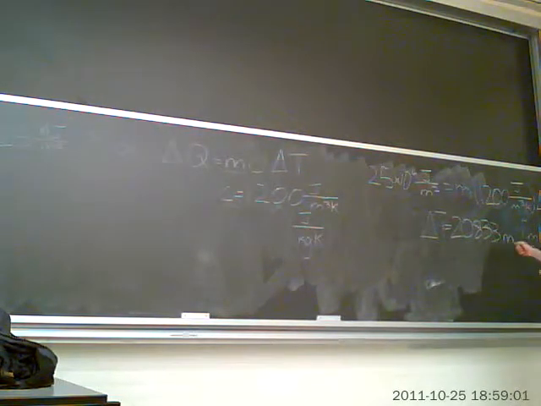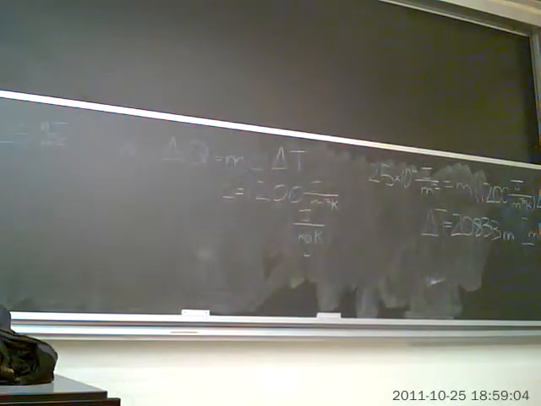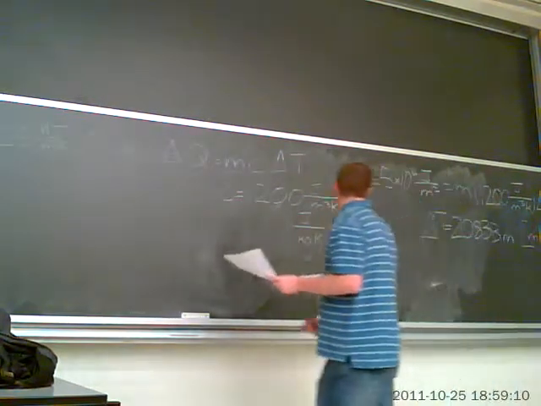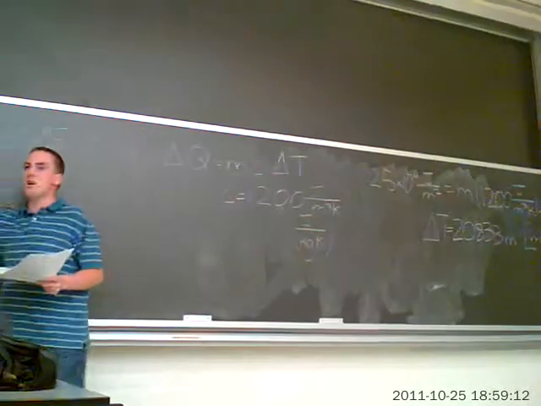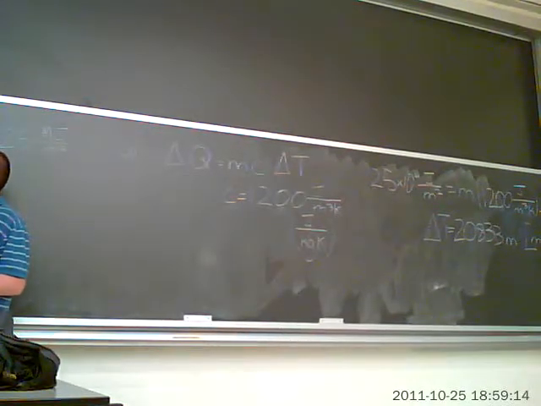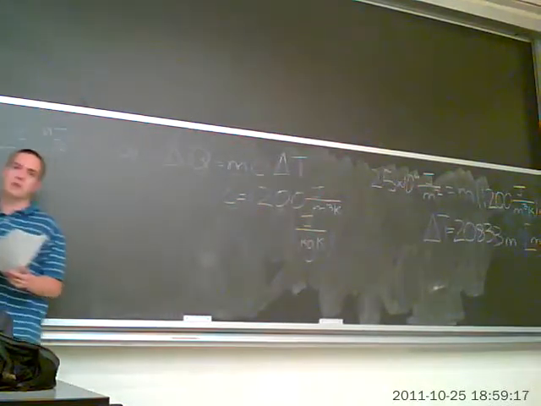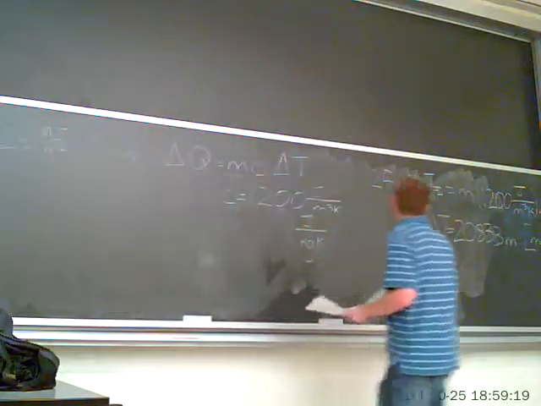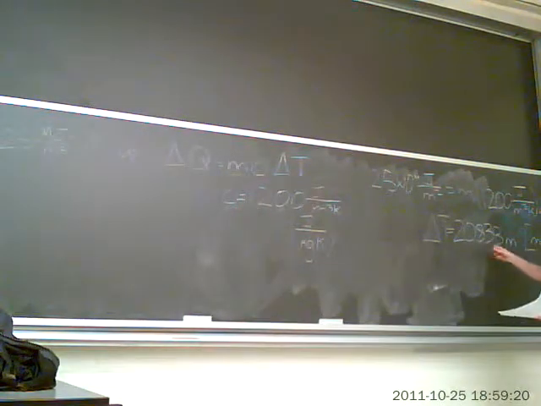I saw this goofy M again and have no way of estimating it, but I know I'm looking for a temperature change. I have a length here, 50 meters. I can divide by that, get rid of the meters, and I'll end up with Kelvin.